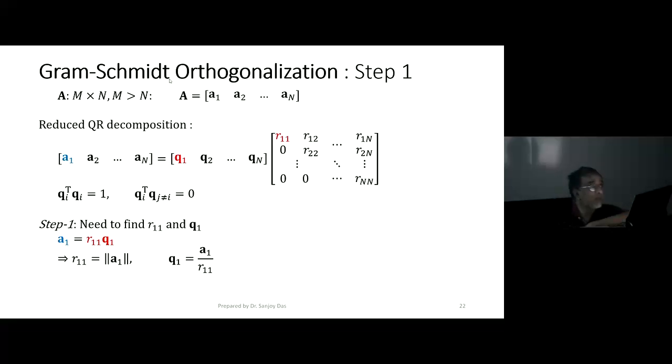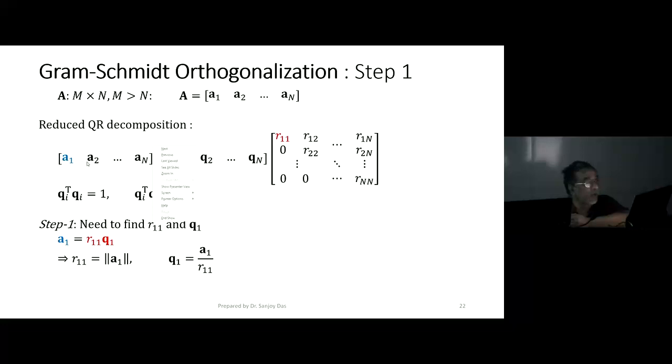In the Gram-Schmidt process, we will be moving from left to right, and there will be N steps. Let's suppose in the third step, we'll be looking at A3 and Q3, and we'll try to obtain R13, R23, and R33.